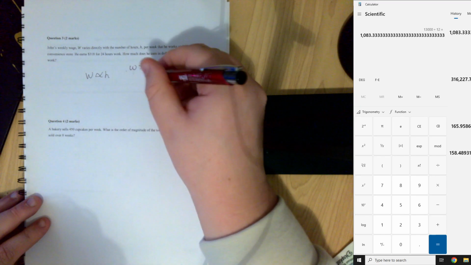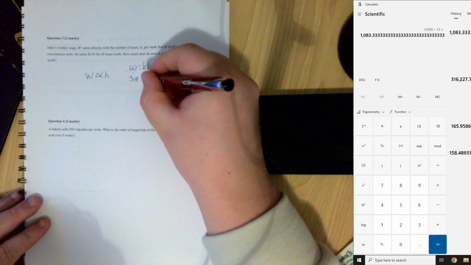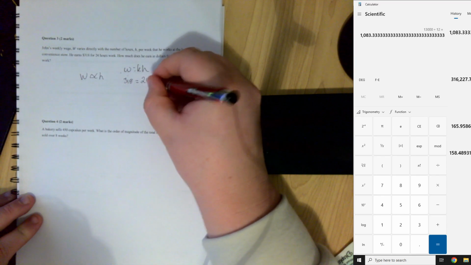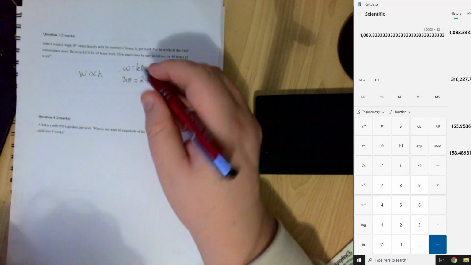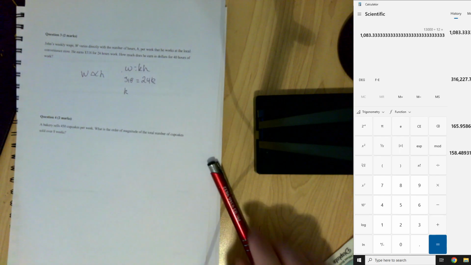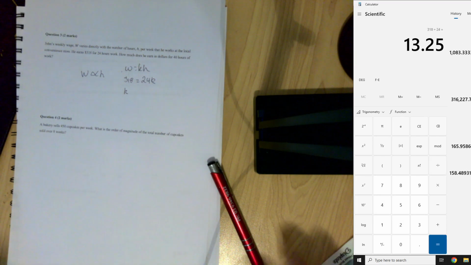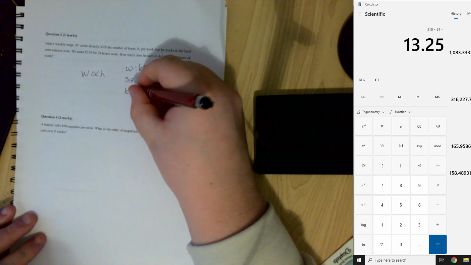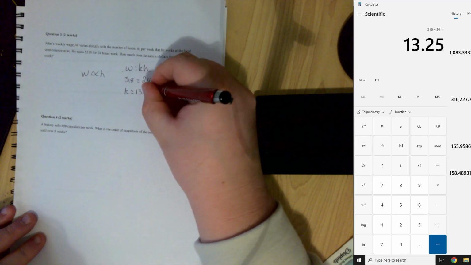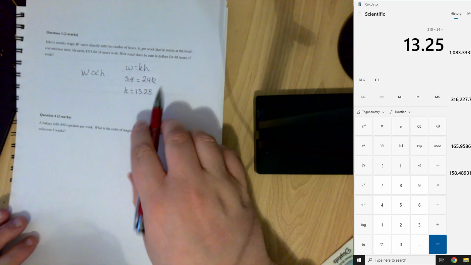He earns $318 and he works 24 hours, which means that his hourly salary is 318 divided by 24. $13.25. Okay. How much does he make for 40 hours of work?